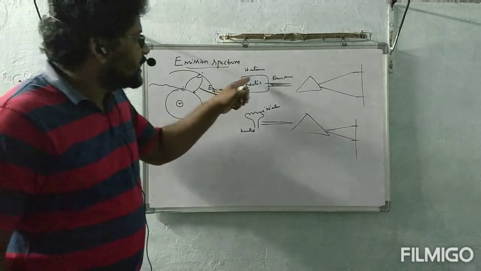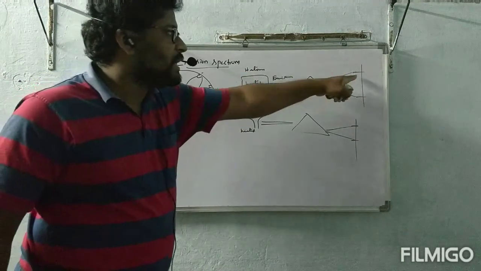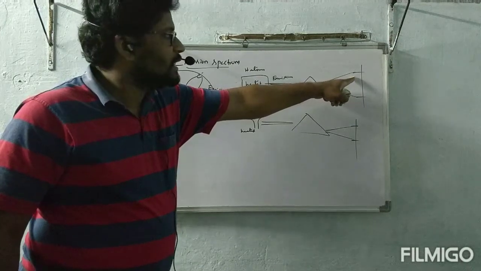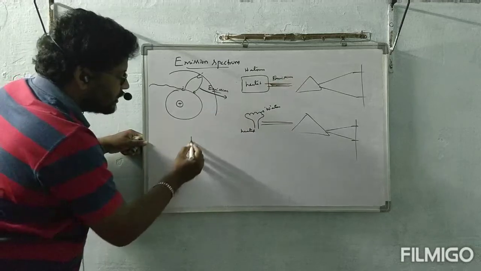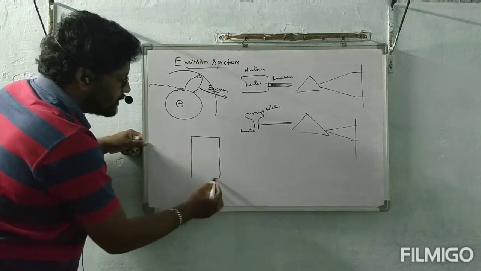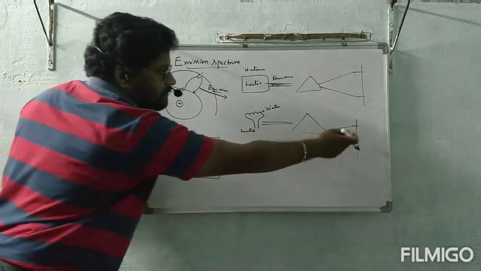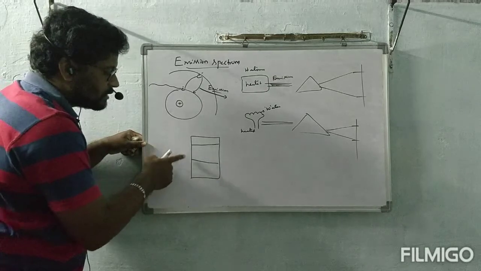If you take atoms, we will get lines. Suppose this appears for tungsten like this. This is one line, this is one line.